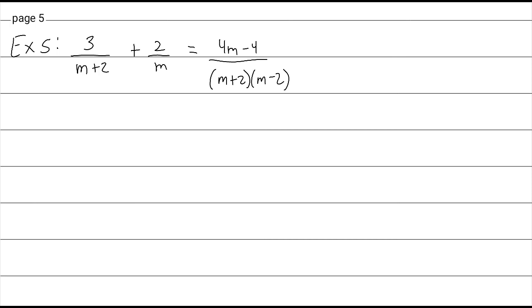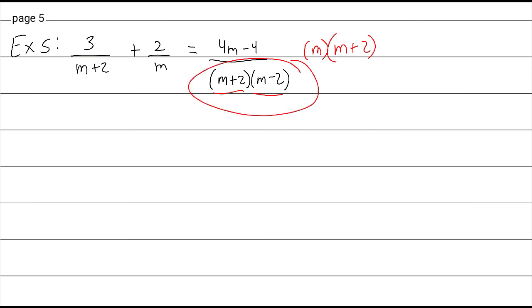Now, let's look at all the individual components of the denominators and see what our common denominator is going to have to be. Okay, our common denominator will have to have m plus 2 in it. Our common denominator will have to have m. Our common denominator has to have m plus 2 and m minus 2.